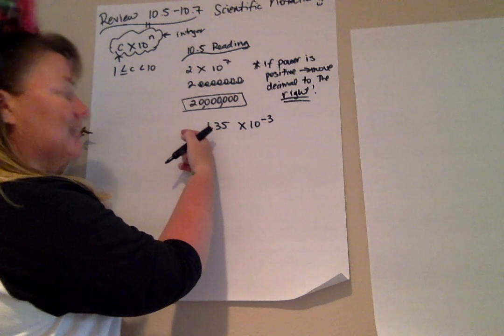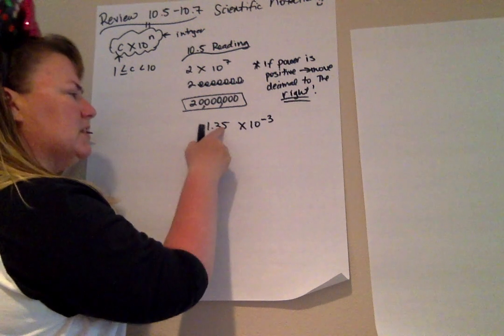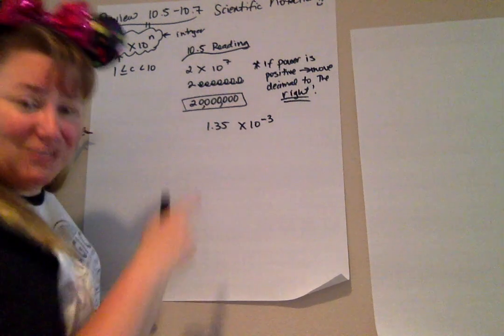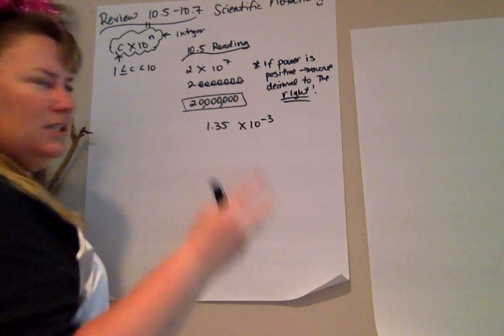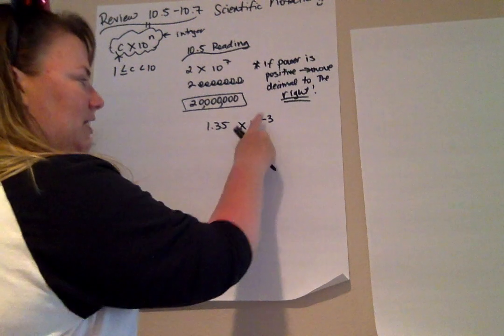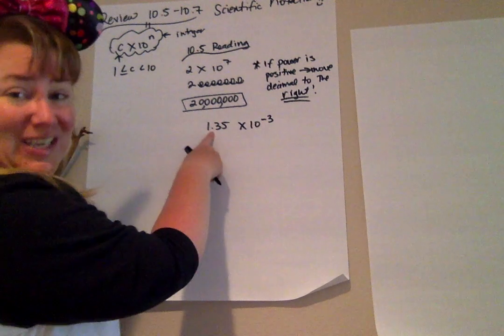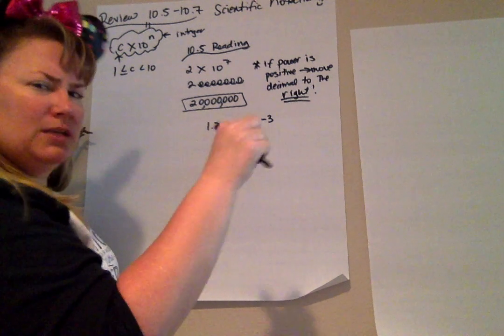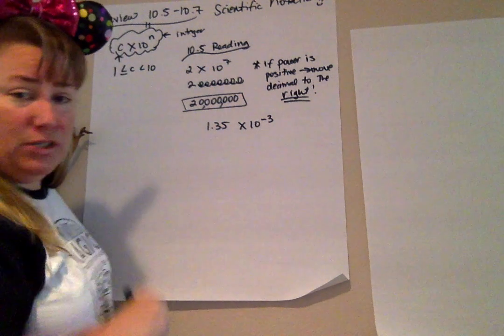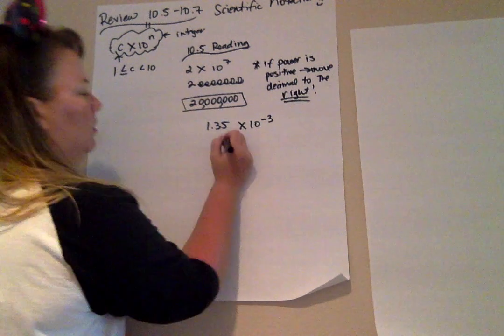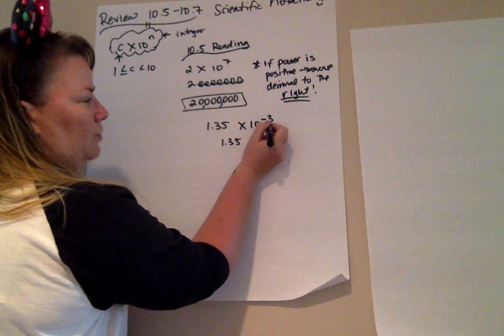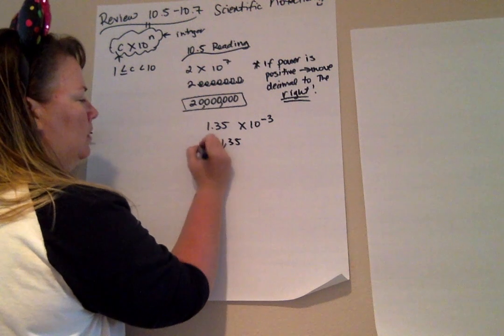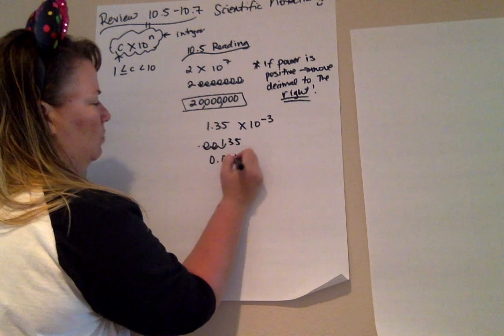If you move to the left, that's going to get smaller, but if you move the other way by accident, 1.35 is going to get larger, which is the wrong way. It's a way of checking yourself: negative power, this has to get smaller. So if you move your decimal the wrong way, check: did I make this number smaller or larger than my original C? So here we go. 1.35, we're going to move it 3 times to the left. 1, 2, 3. So we have 0.00135.